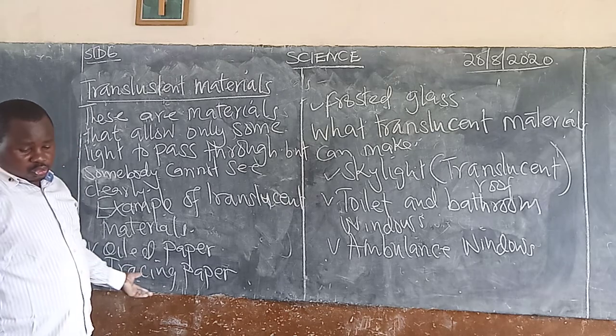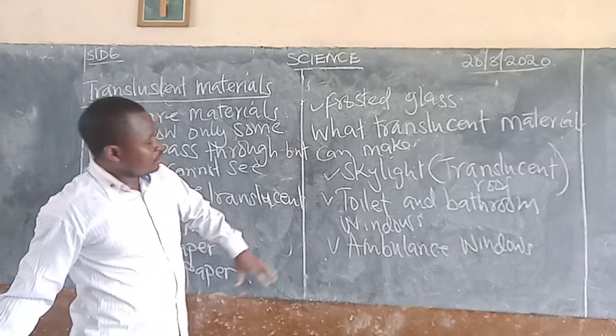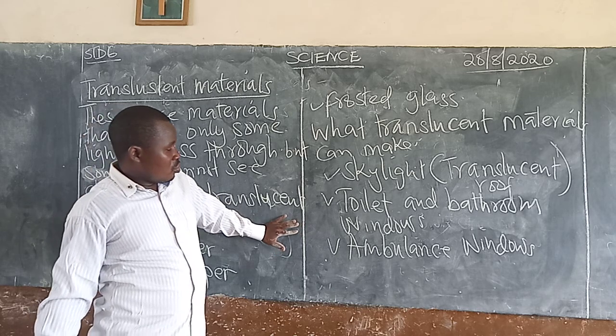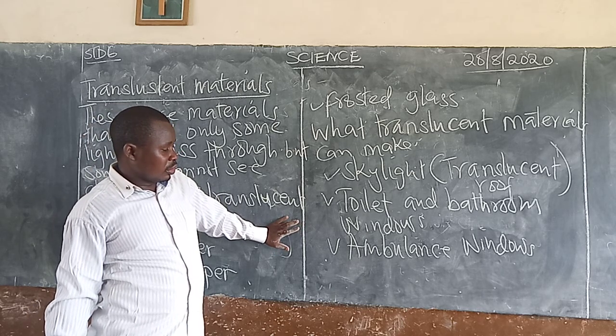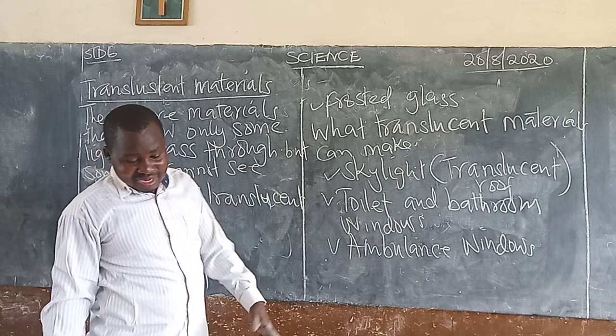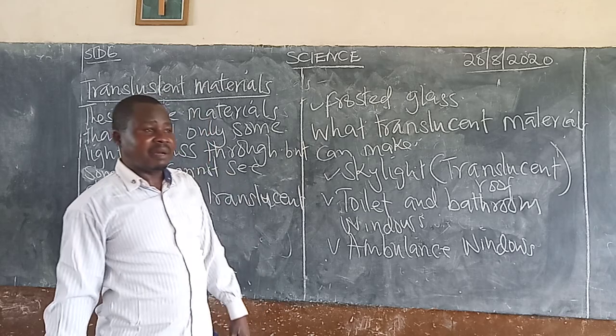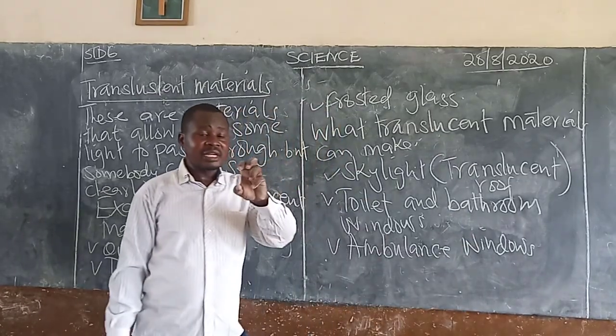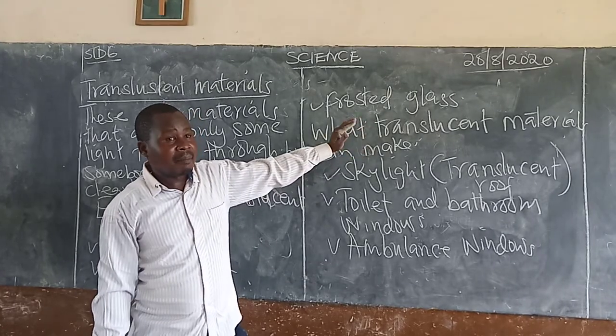They can also ask you that we have skylights, toilet and bathroom windows, we have the ambulance. They can also give you the lantern lamp. So remember, which one of the following cannot be made from translucent materials?